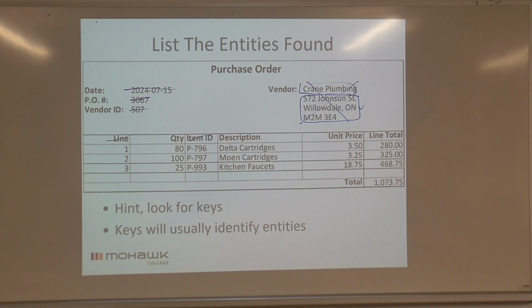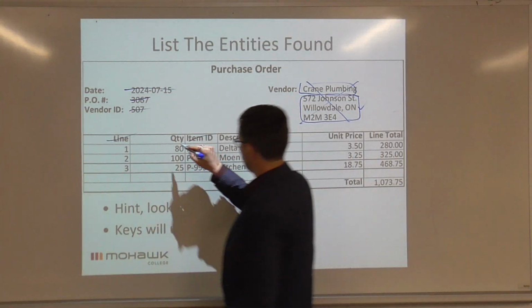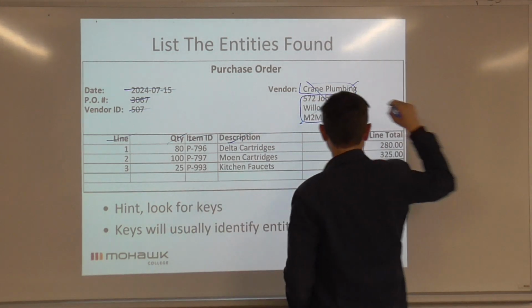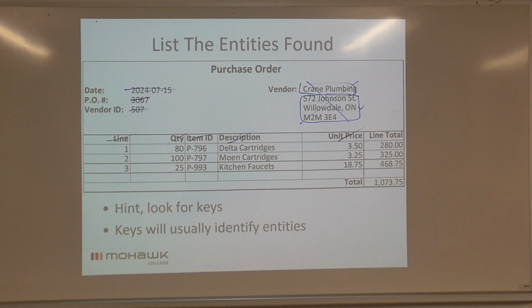What else we got? Quantity, yes. What else do we have? Unit price. Line total, I guess.